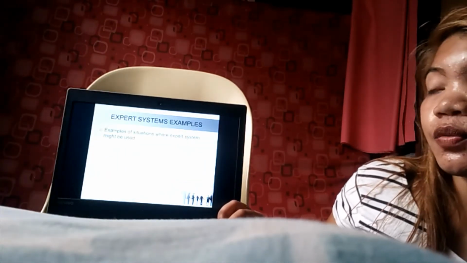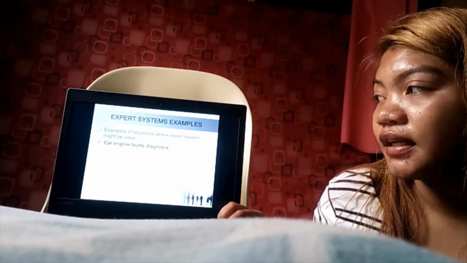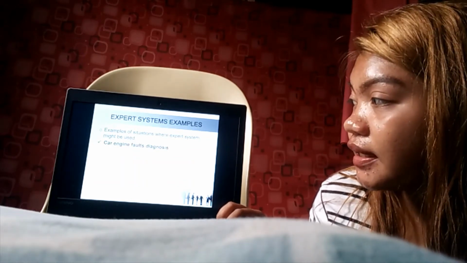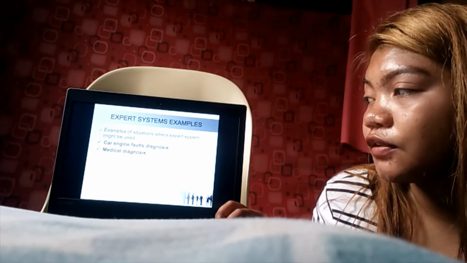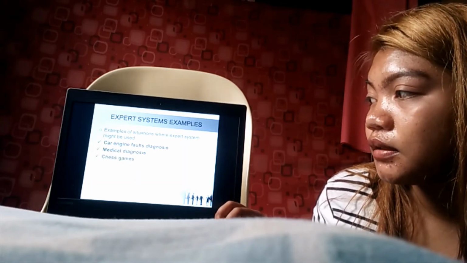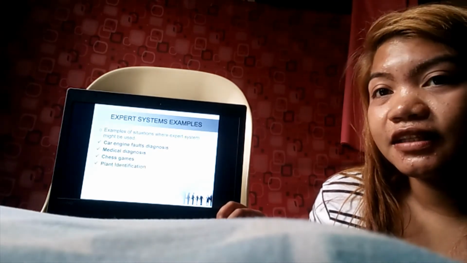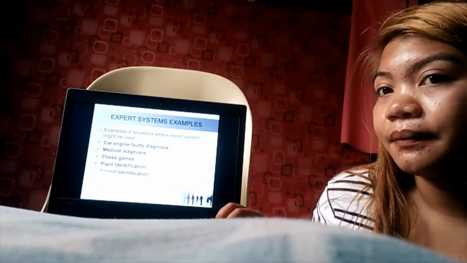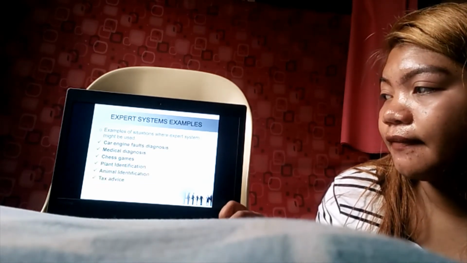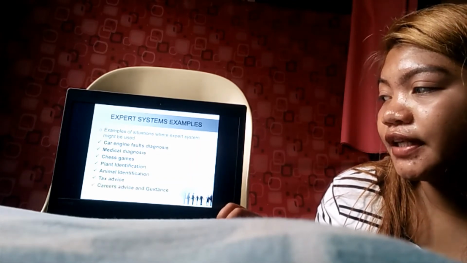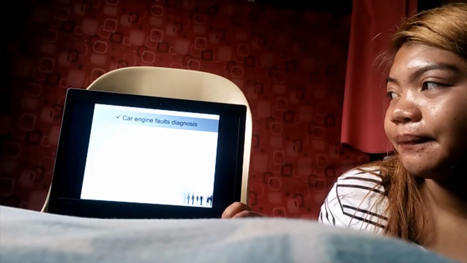Examples of the situations where expert systems might be used: car engine faults diagnosis, medical diagnosis, chess games, plant identification, animal identification, tax advice, career advice and guidance, and insurance.